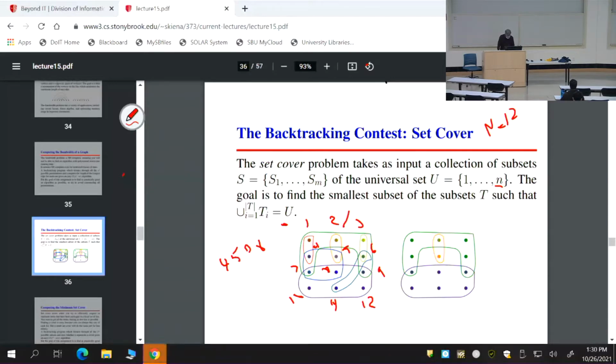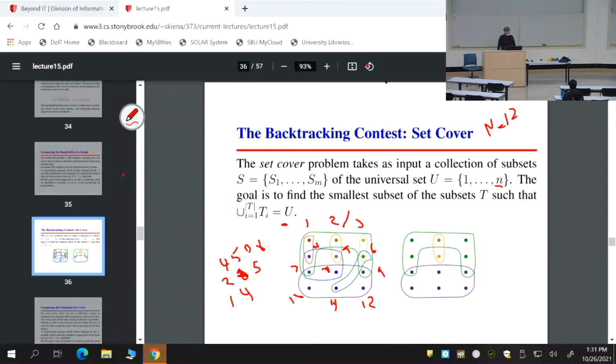This orange one corresponds to 2 and 8. Wait, no, the orange one was 2 and 5. This red one was 1 and 4.